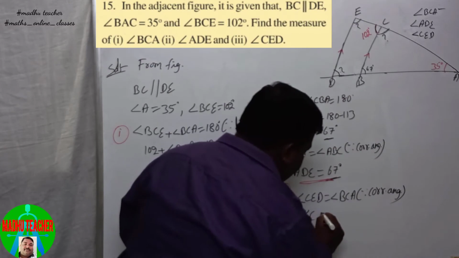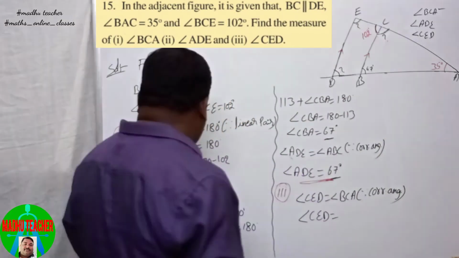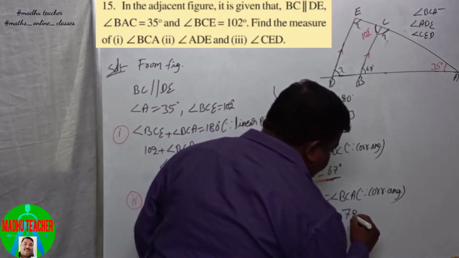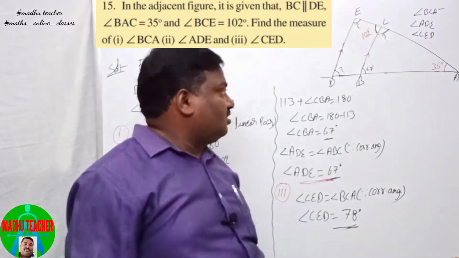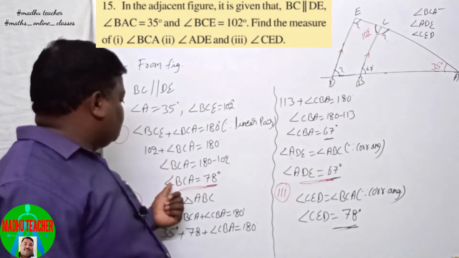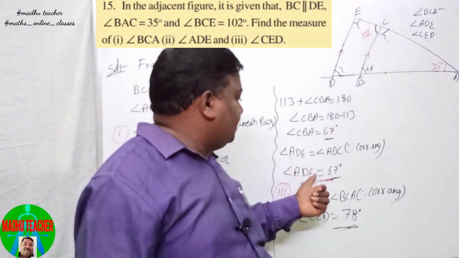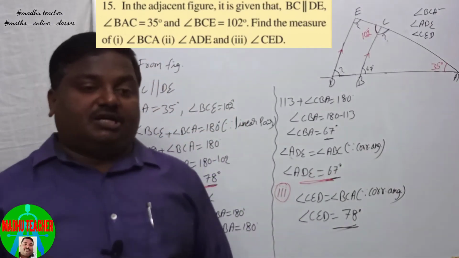BCA is 78 degrees from the first one. So this is the third one. So first one, BCA equals 78, angle ADE equals 67, angle CED equals 78 degrees.